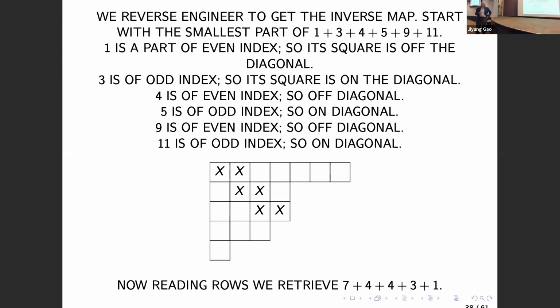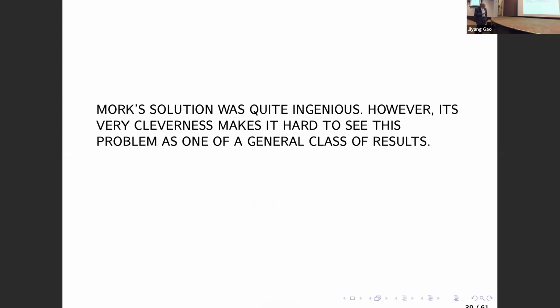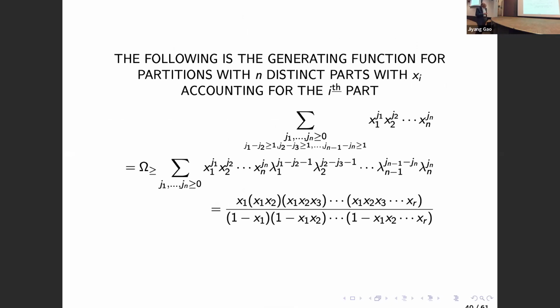But there is a much more prosaic way to achieve this, and that is as follows. If I want to look at partitions with distinct parts and keep track of the first, second, third, fourth, fifth, in other words, instead of just having a general variable q, I have as many variables as necessary, x1, x2 up to xn, where the exponent on x1 is the largest part, x2 is the next largest part, etc. Then how do I code that using partition analysis?